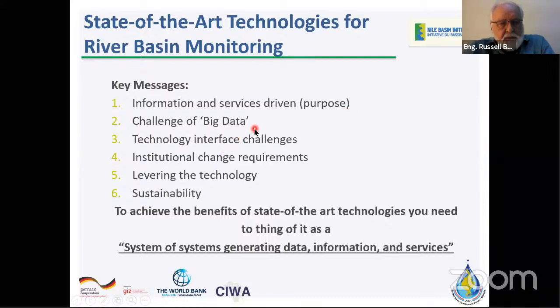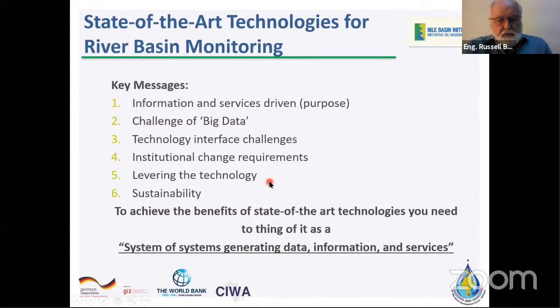However, I want to present the challenge of big data and talk a little bit about it during this presentation. I want to talk a little bit about the technology interface challenges so that we think about these and be aware of them. As already mentioned, the institutional dimension that we need to think about, just to highlight some of the things that have to be considered to ensure there is proper deployment of these technologies.